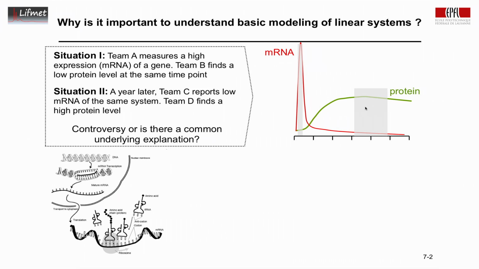So if in the discussion of these seemingly controversial results we omit the factor time here on the horizontal axis, we can very well enter into considerable controversies. But if we look at this graph, we're not looking at a controversy, we're just looking at different time points. The system we're discussing here is DNA to expression, the mRNA, and finally the translation to the protein.